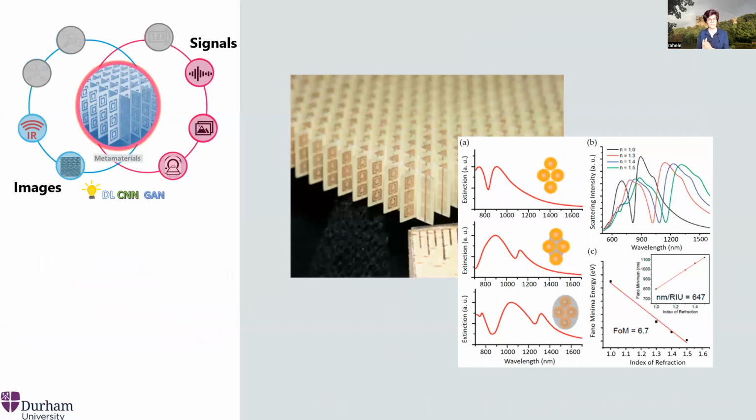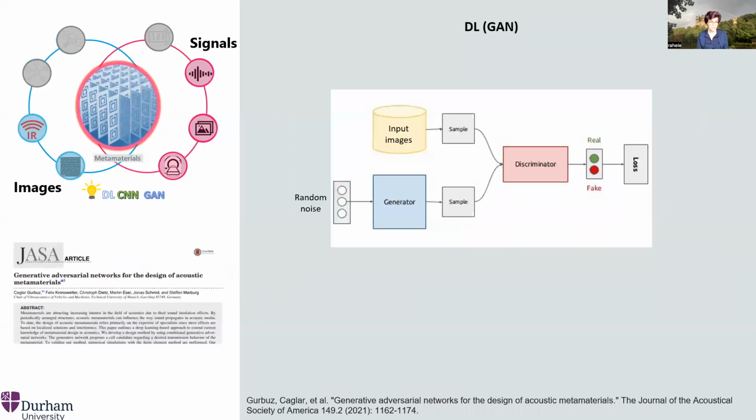Well, another example that I would like to talk about is when I have images and signals together, like this paper published in 2021. First of all, let's see what was the GAN. We talked about it. The generator was getting the random noise and producing some images, and the discriminator was comparing these produced images with some input data to be sure that they are similar enough.